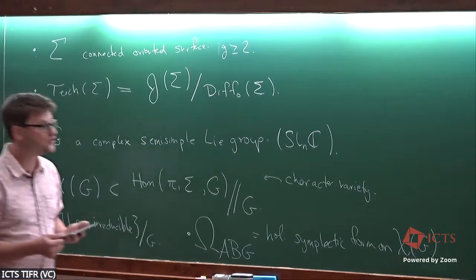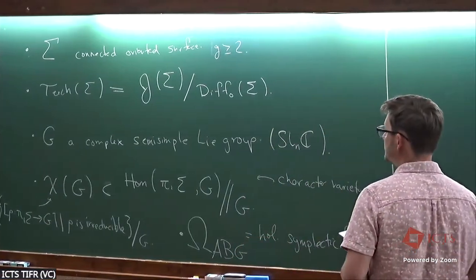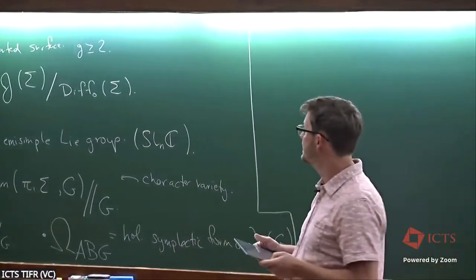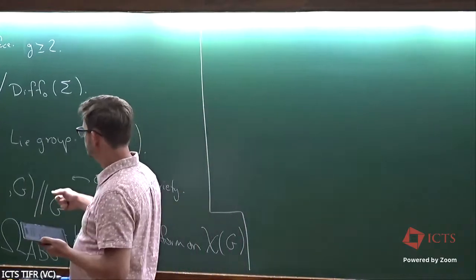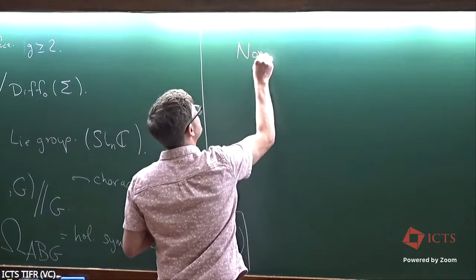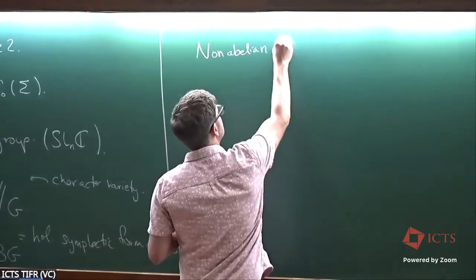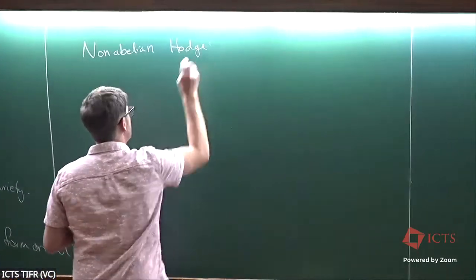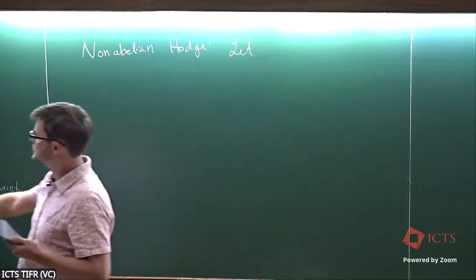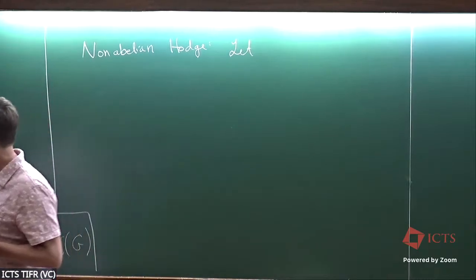Great. So what are Higgs bundles all about? Well, they sit in this Kobayashi-Hitchin type correspondence. Let me just say it. There's this theorem, which I'll state for this intro part, the non-abelian Hodge correspondence. This space just cares about the topological structure on my surface, just its genus, its fundamental group.